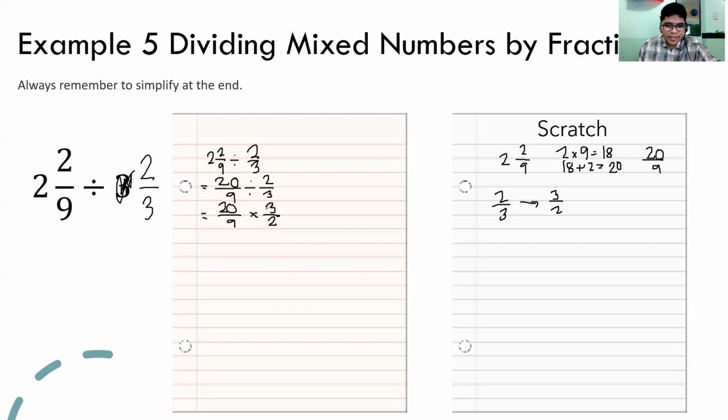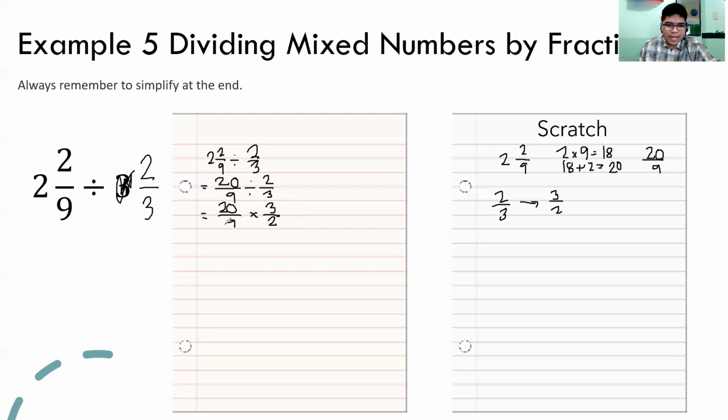We have 3 and 9. One is in the numerator, the other is in the denominator, so we can think of that as 3 over 9. We can do the thing called elimination or cancellation.